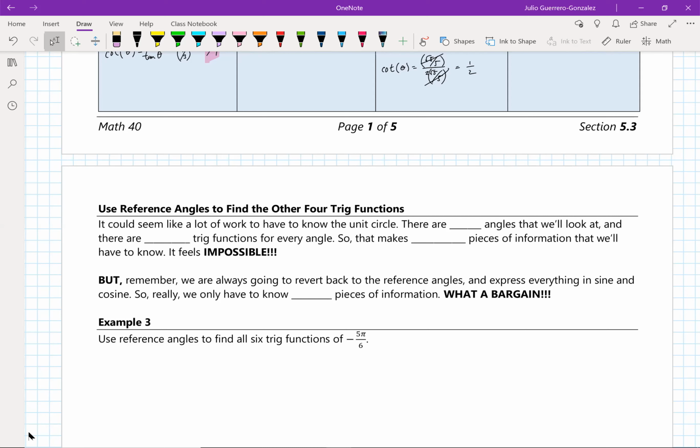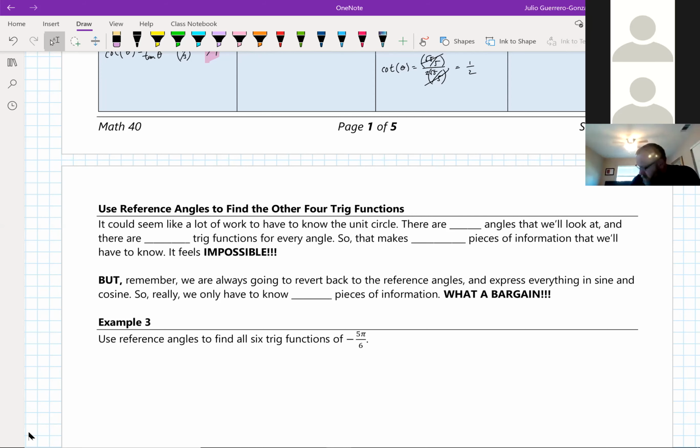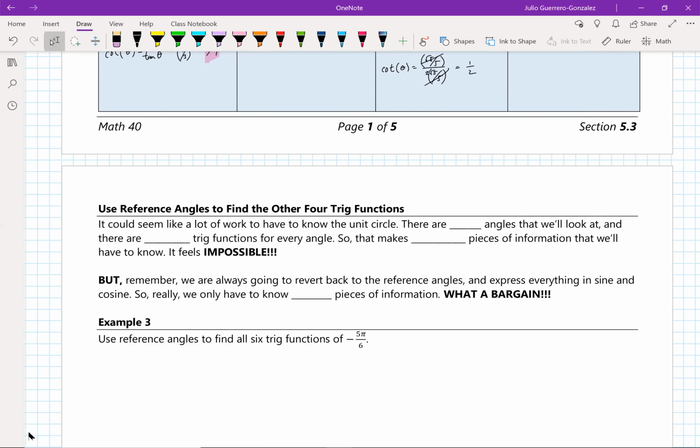If you think about it, how many angles is that? 1, 2, 3, 4 times 4.